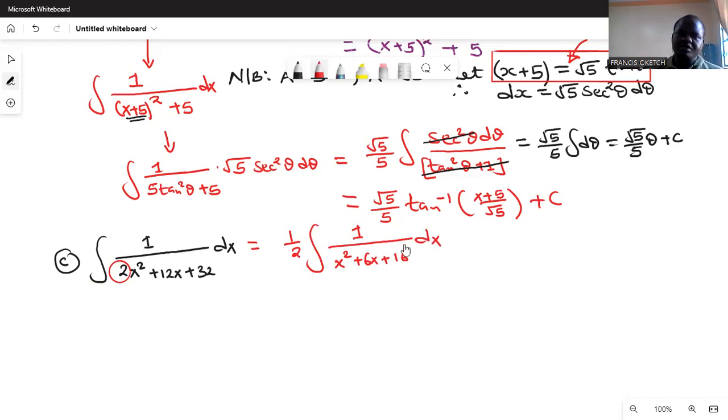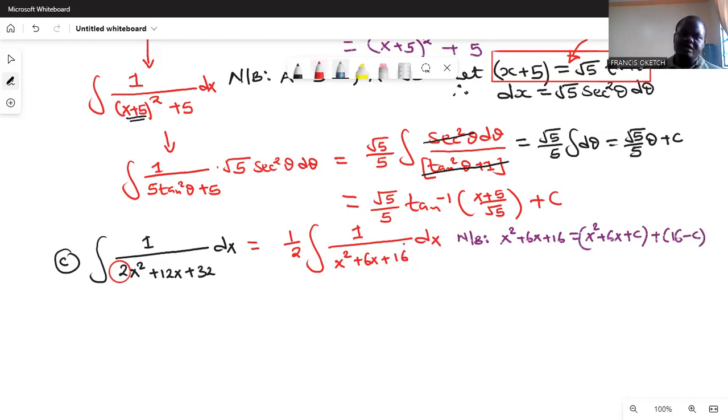So complete now the square in the denominator. Take note, when we complete the square, x squared plus 6x plus 16 can also be written as x squared plus 6x plus a number c, then plus 16 minus the same number c.